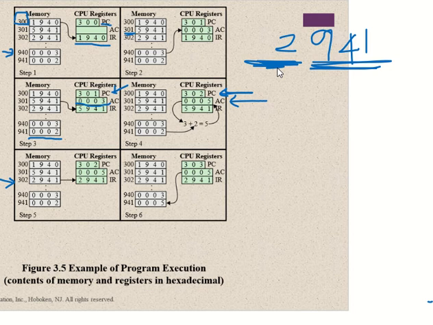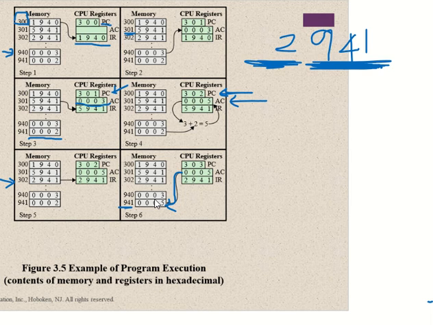Store it in memory. Which location in memory? 941. So in this address 941, I want the new value of AC. AC contains 0005, so save it in the 941 address.